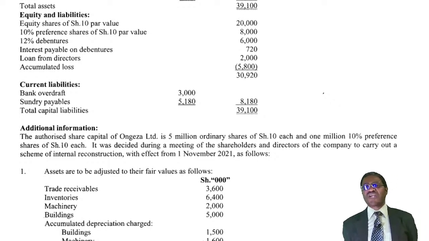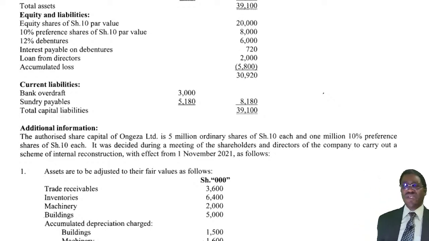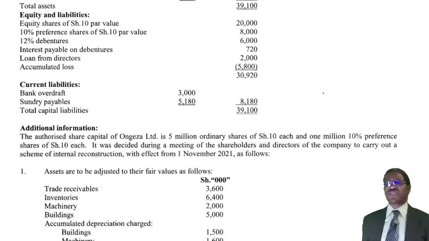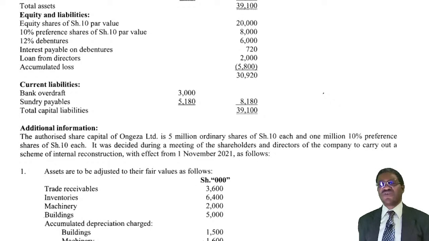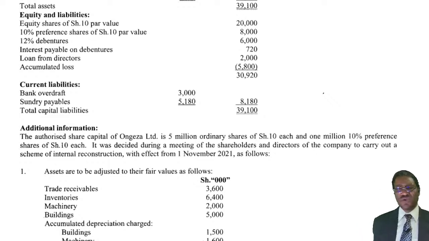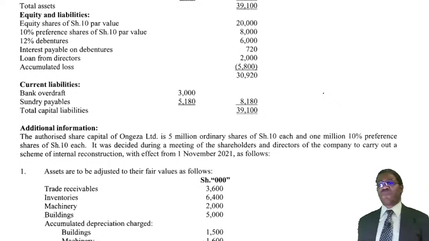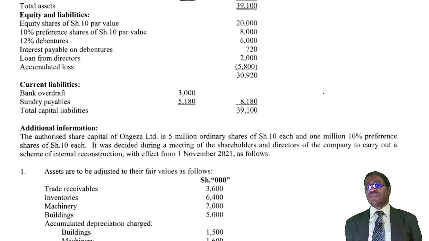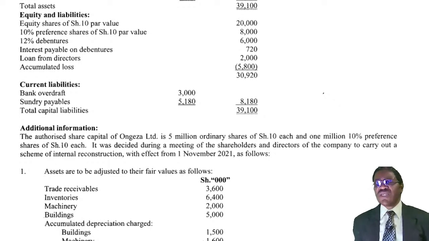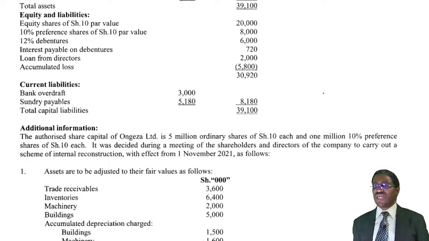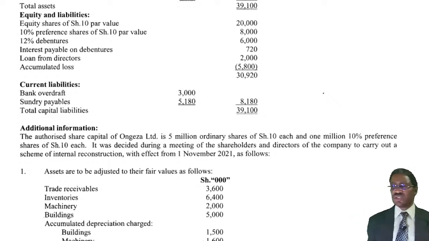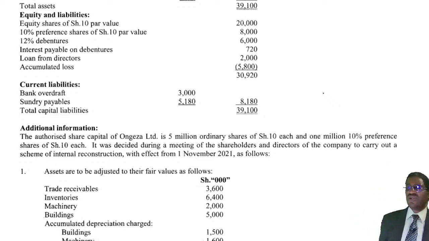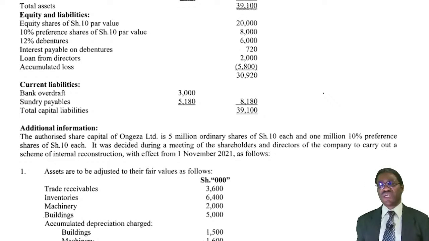Then you are given accumulated losses. Then you are given current liabilities, bank overdraft, sundry creditors. Then you are given total liabilities, additional information. Then you are told the authorized share capital of Ongeza Limited is 5 million ordinary shares of shillings 10 each and 1 million 10% preference shares of shillings 10 each.